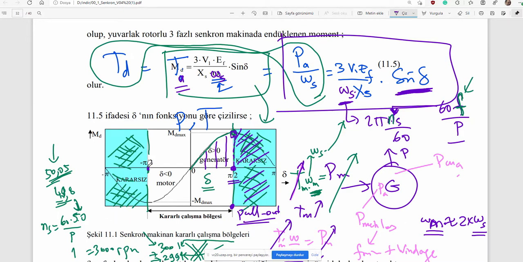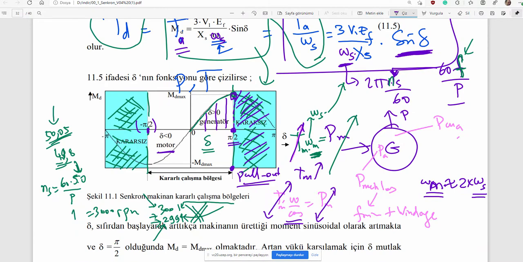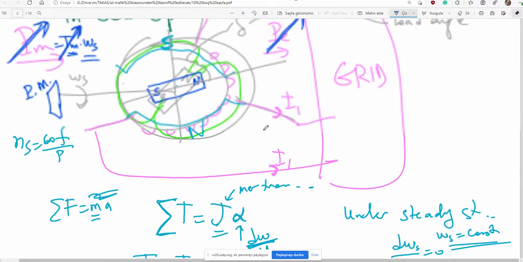If you reach minus pi over 2 radians in the motor operation region, there will be no push or pull between those two magnetic fields.